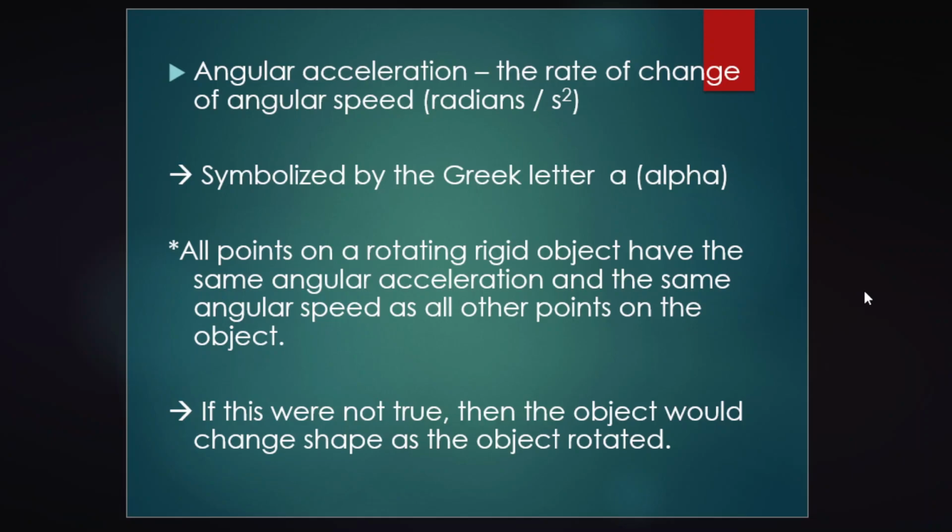And all points on a rotating rigid object have the same angular acceleration and the same angular speed as all other points on the object. If this was not true, the object would have to be changing its shape as it rotated. So one of the classic examples is using a record, a music record.